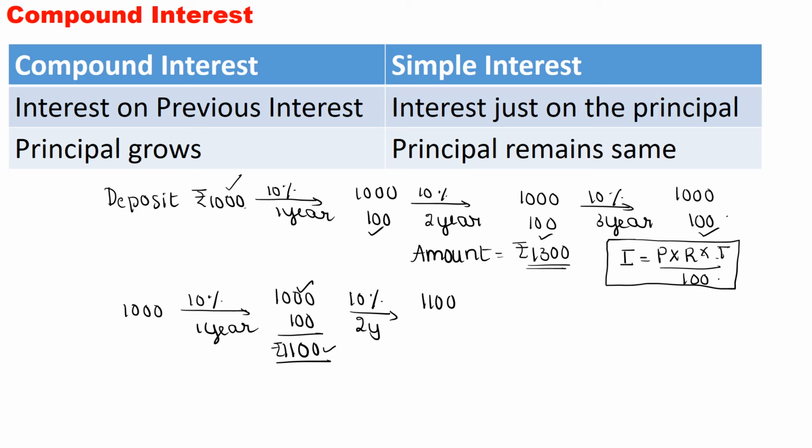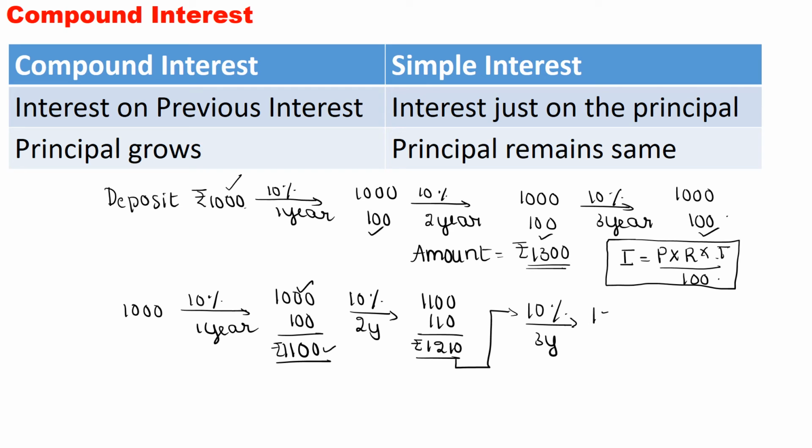Now the new principal is 1100. Then the interest will also change, 10% of 1100 will be 110. So this is the interest. Then totally 1210. And now again I put it back. Then I get the third year.